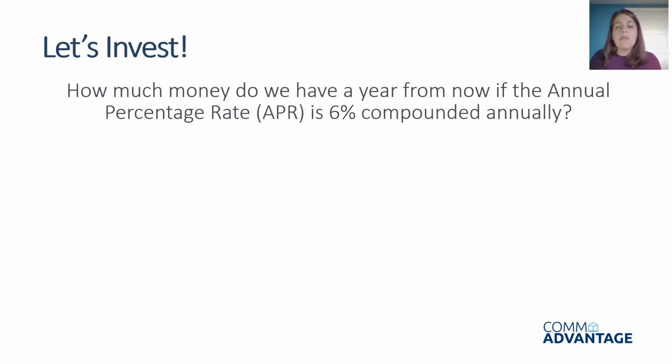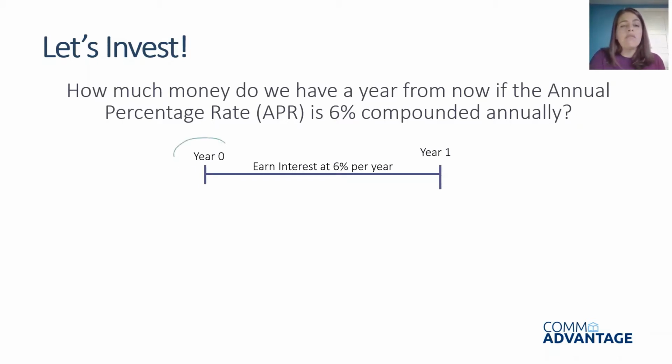So how much money would we have a year from now if the annual percentage rate, also known as APR, also known as market return or whatever we can invest our money for, is 6% compounded annually? What we're talking about here is taking money right now, year zero, putting it in the market, earning interest at 6% per year, and then looking at how much money we have a year from now.